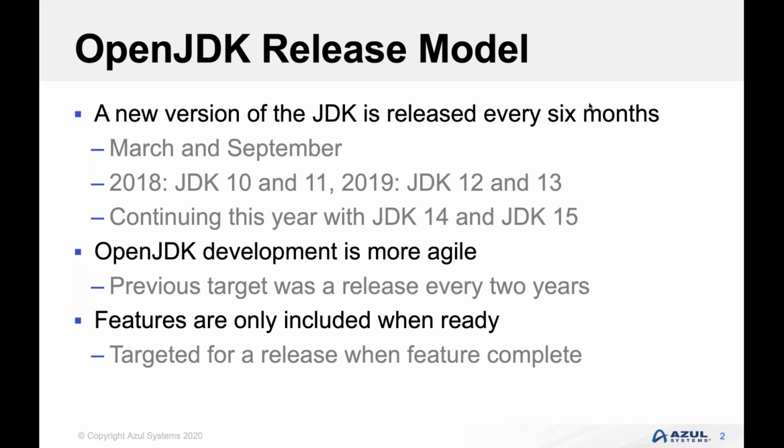Great for things like microservices, great for things like embedded systems. So that's where the feature was driving the release. JDK 9 was going to include modularity, and it had to be ready in order for JDK 9 to be released.